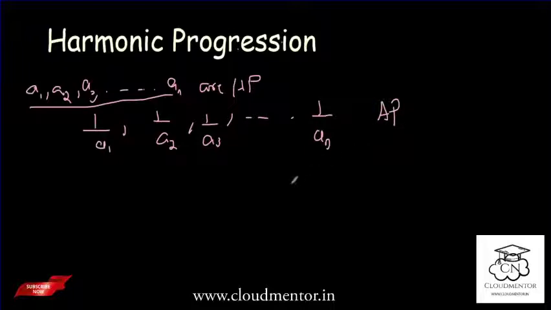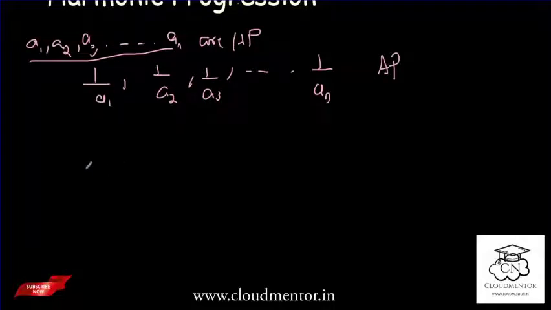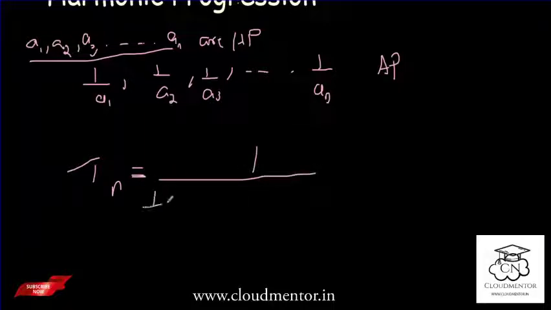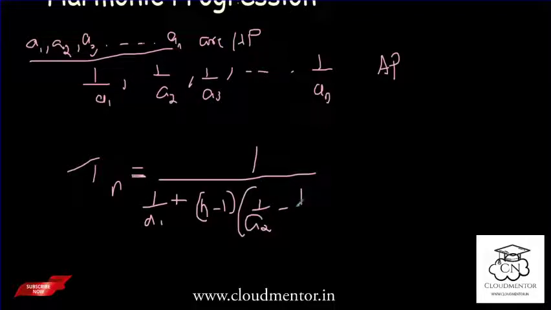And the nth term of harmonic progression from the beginning, that is Tn, will be equal to 1 by (1 by A1 plus (n minus 1) of (1 by A2 minus 1 by A1)).